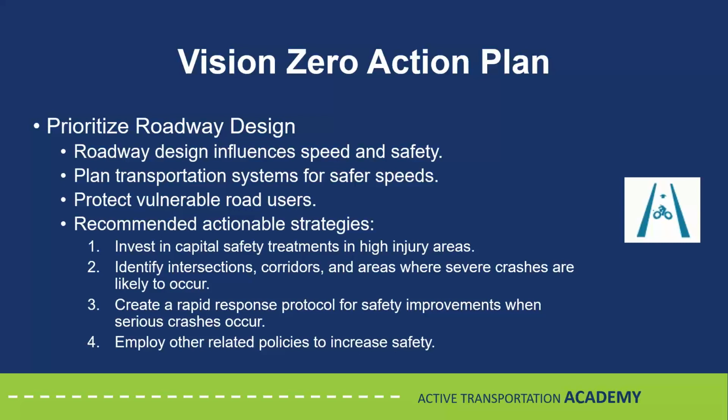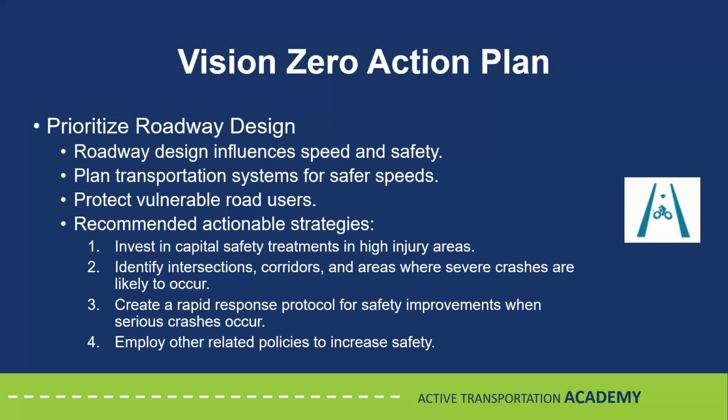Another recommended actionable strategy is to identify intersections, corridors, and areas through systemic analysis where severe crashes are more likely to occur based on characteristics of the built environment, to proactively prioritize interventions and prevent future serious crashes. Create a rapid response protocol and delivery timelines for safety improvements when a serious crash does occur.